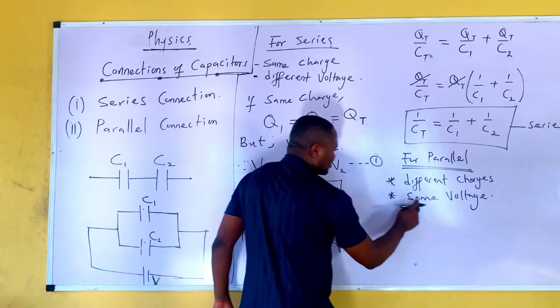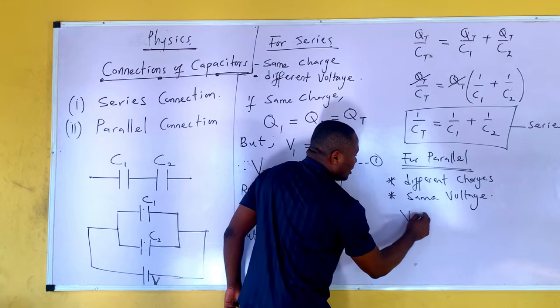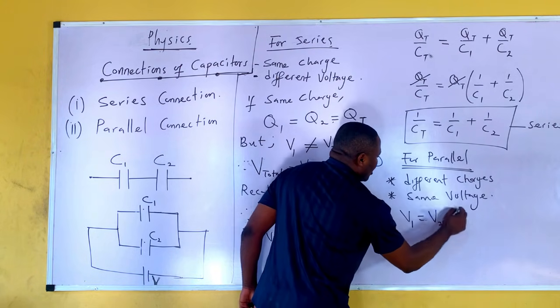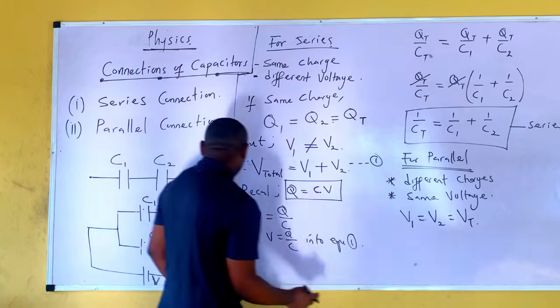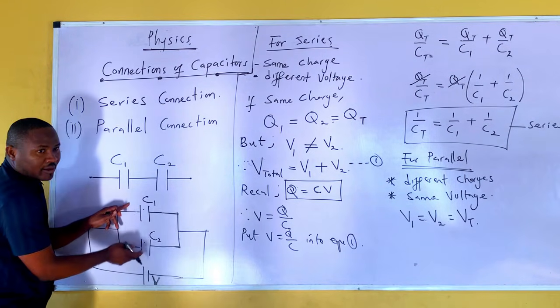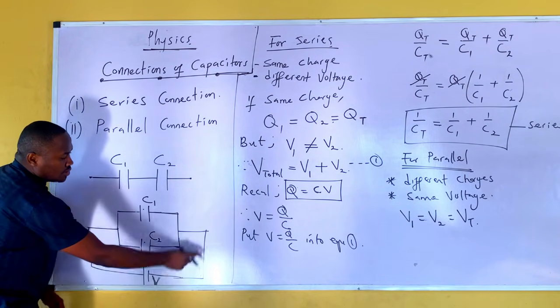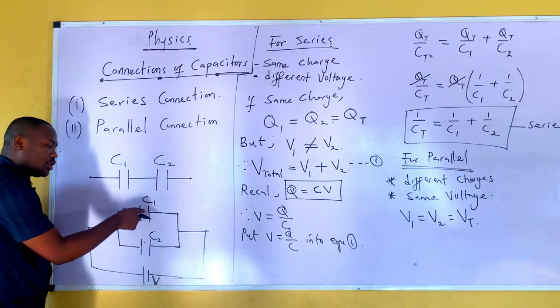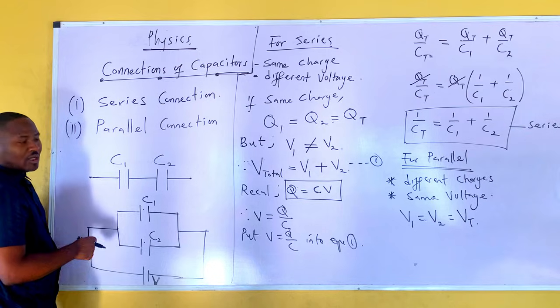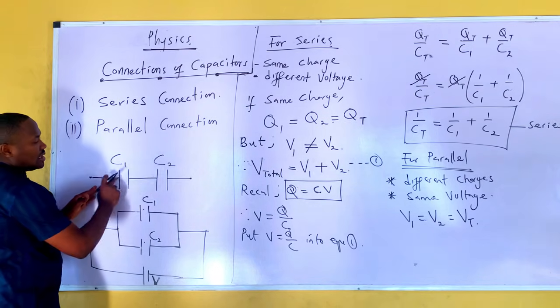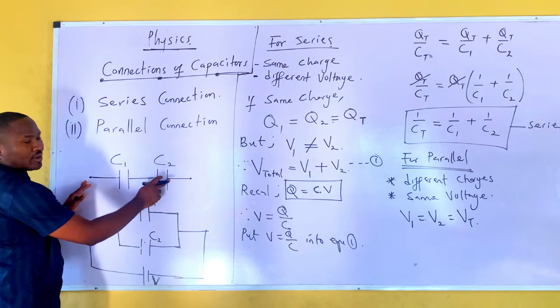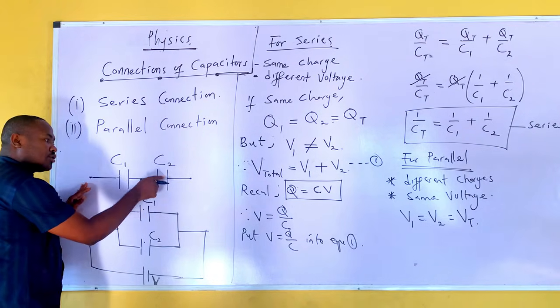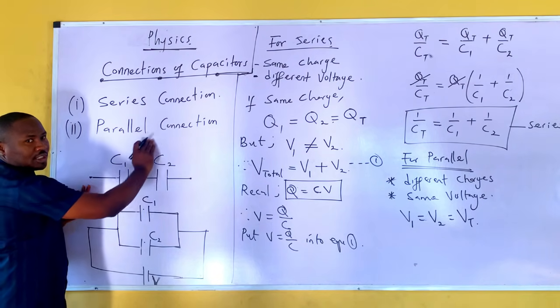So I can tell you that V1 equals V2 equals V total when they are connected in parallel. So the total voltage in this circuit is equal to what I have in my C2, which is equal to what I have in my C1. But in series, the voltage is not the same. The voltage here plus the voltage here equals the total voltage in the circuit.